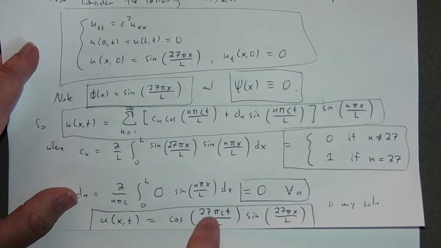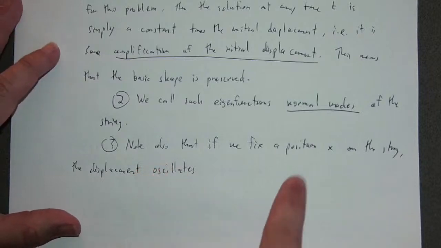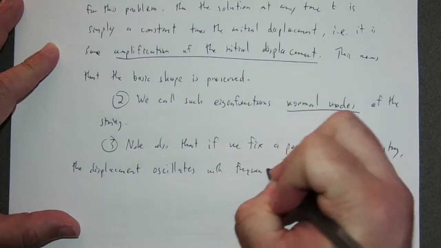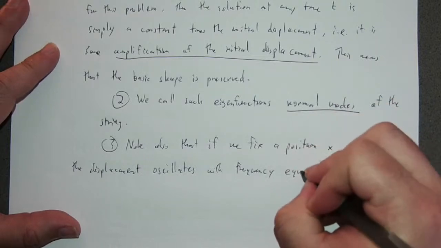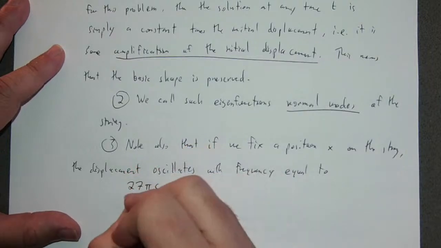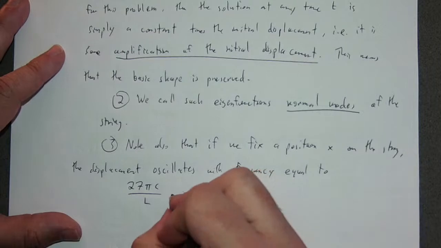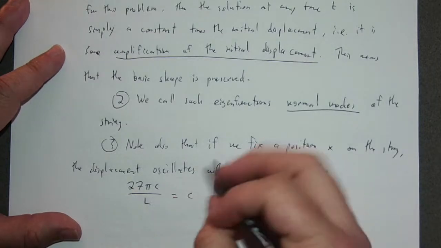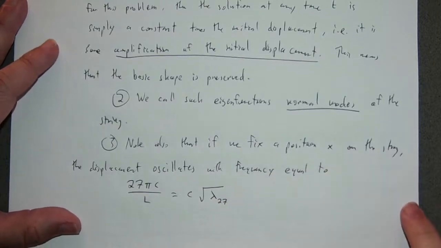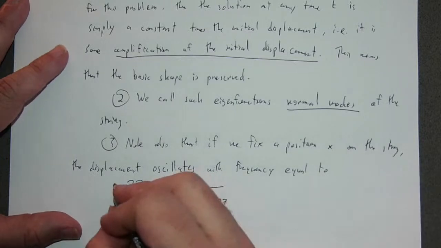Well, its frequency is 27 pi c over L. So note also that if we fix a position x on the string, the displacement oscillates with frequency equal to 27 pi c over L, which of course is c times the square root of this particular eigenvalue, lambda sub 27.